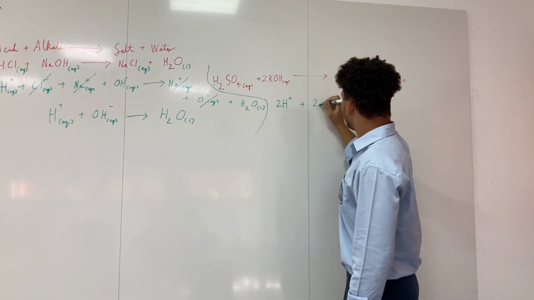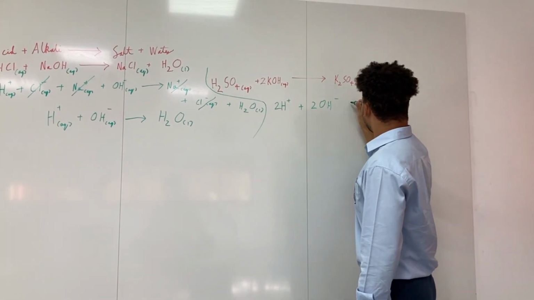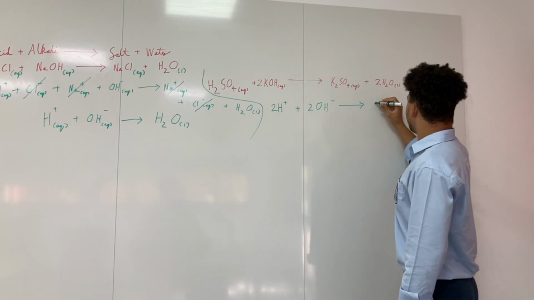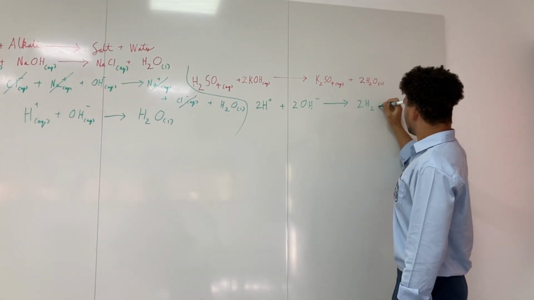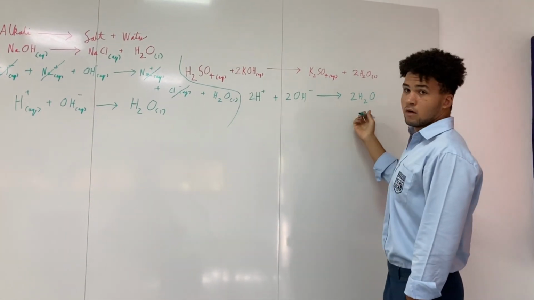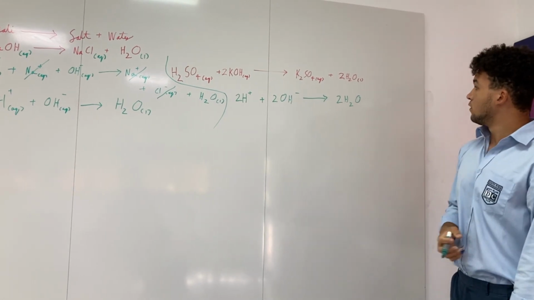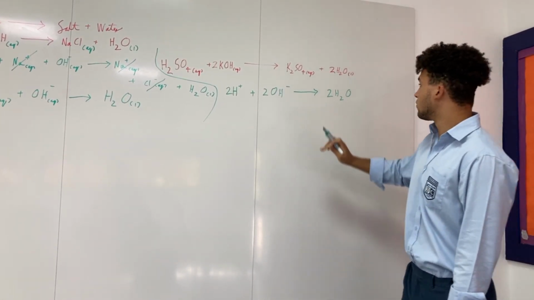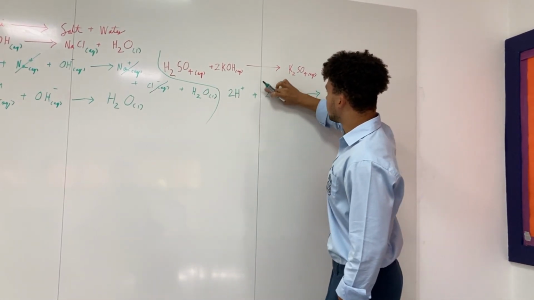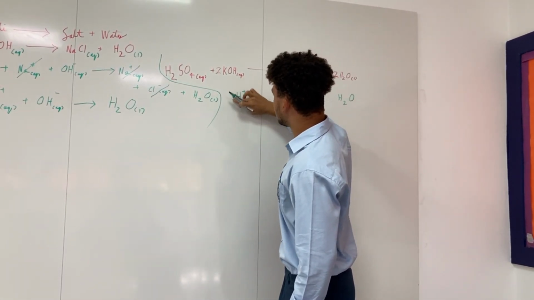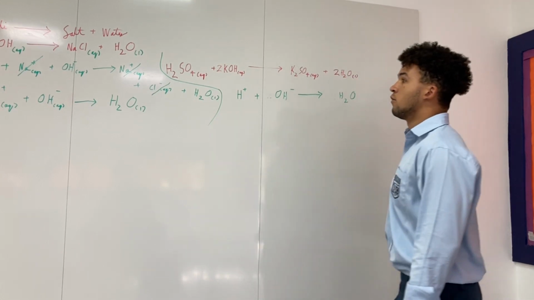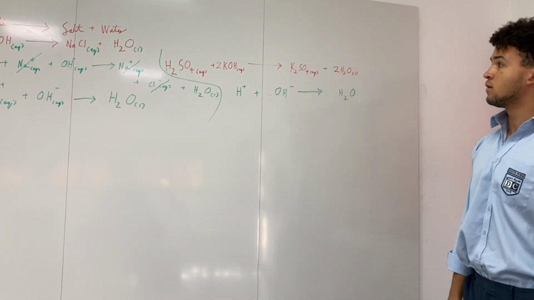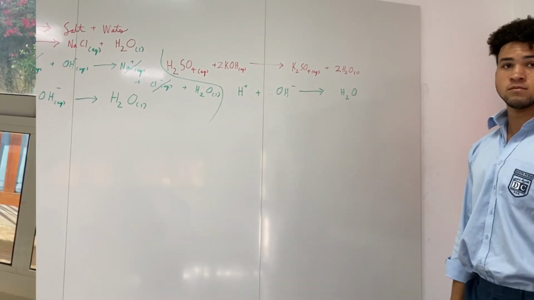We can write this, and you can see all the 2's the same on all 3 molecules, so you might as well just get rid of those and you get the exact same equation. Acid plus alkali equals salt plus water.